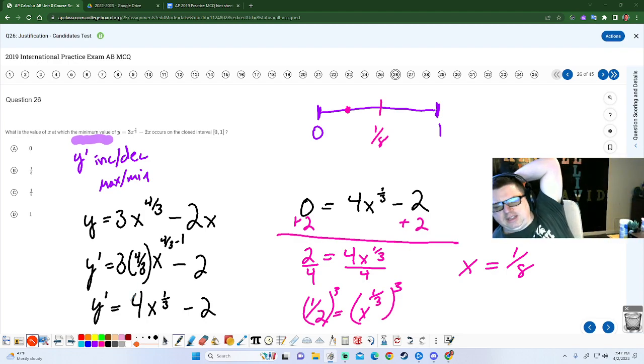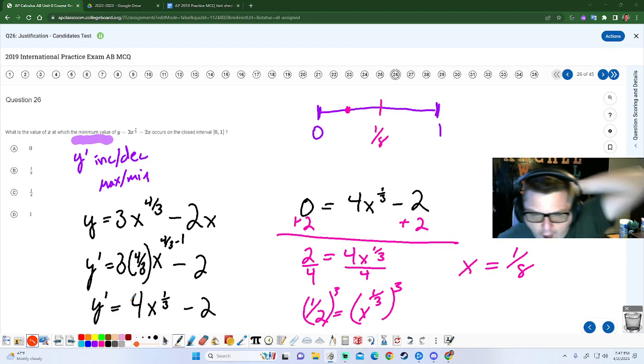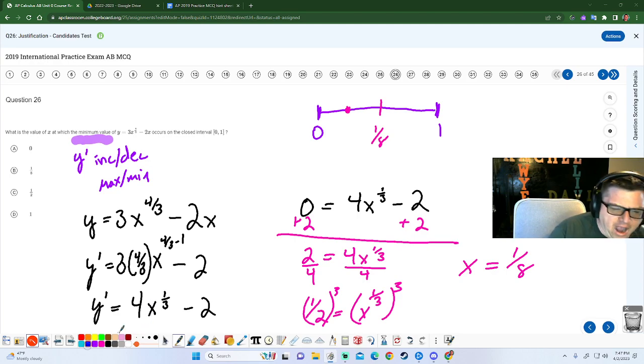So let's keep it easy on us and do 1/27. You're like, holy cow, how is 1/27 going to keep it easy for us? Well, we're doing cube roots though, right? So what is going to be the cube root of 27? Well, it's going to be 3, so 1/3.